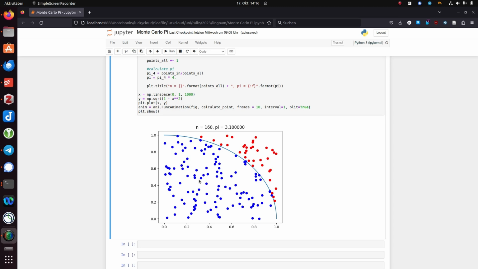So for illustrative purposes, I wanted to give a very simple, almost naive example of a Monte Carlo method. What this Monte Carlo method I implemented here in a Python notebook does is it approximates pi in a very bad way, one could say, but it actually harnesses the power of random numbers to approximate pi.